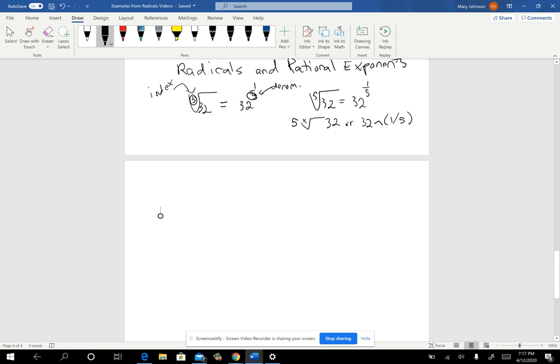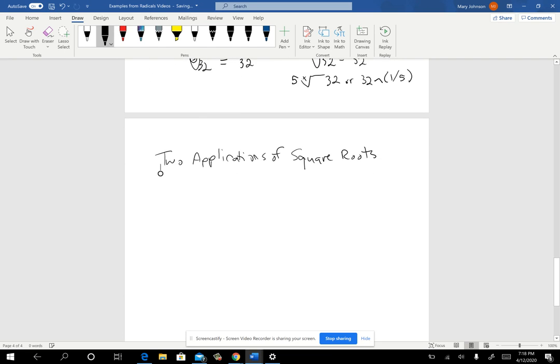Okay. All right, so there's a bunch of simplifying of radicals, even when there's variables. We're going to look at 2 applications of square roots. Okay. One of them is the Pythagorean Theorem.